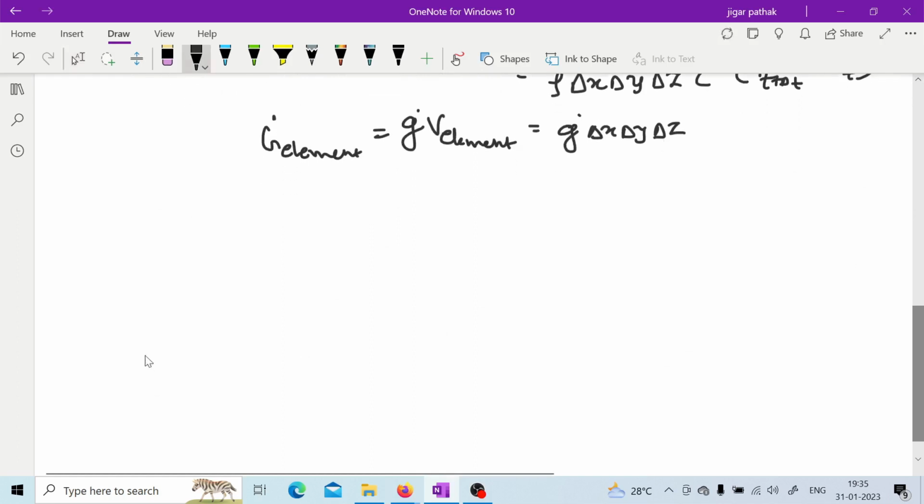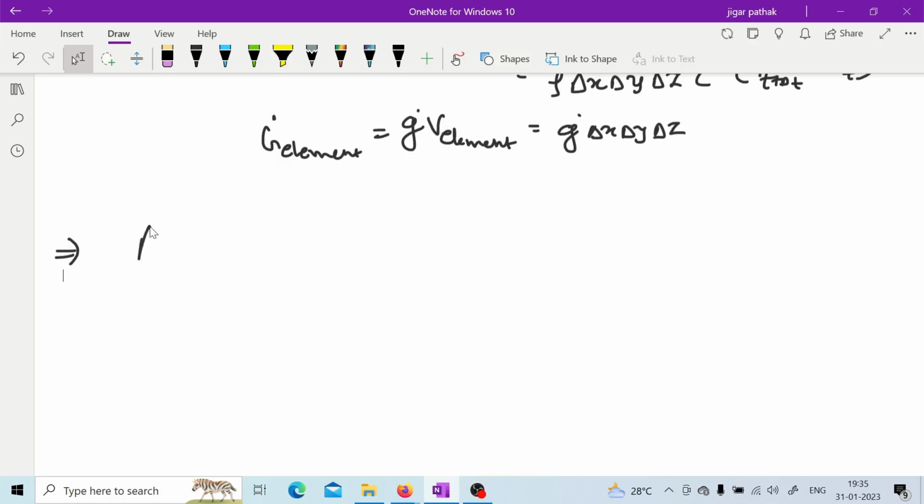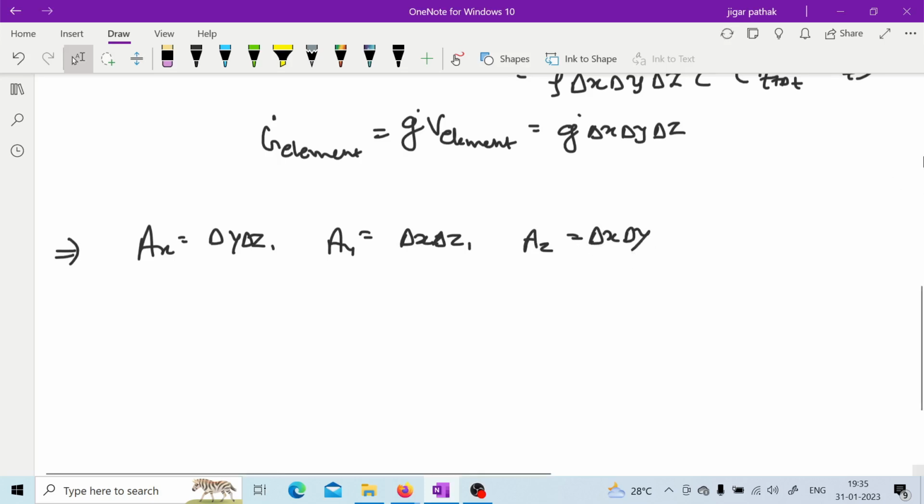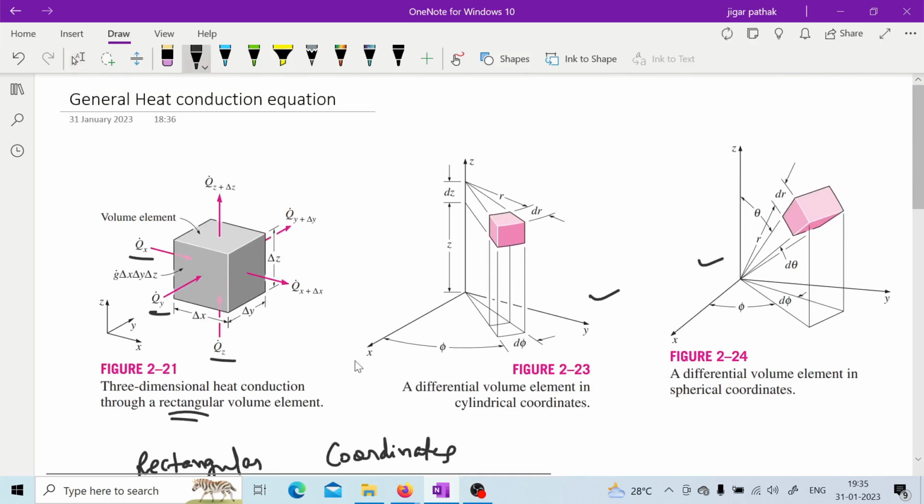Now if you put all these values in that equation and simplify, and you consider that the area for x will be delta y delta z, the area for y will be delta x delta z, and the area for the z direction will be delta x delta y. If you go and check that element, then you can get an idea. For the z direction, the area is delta x into delta y.